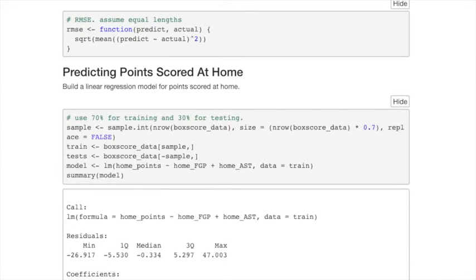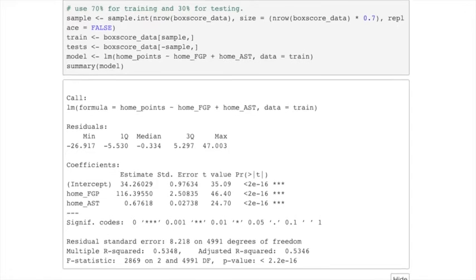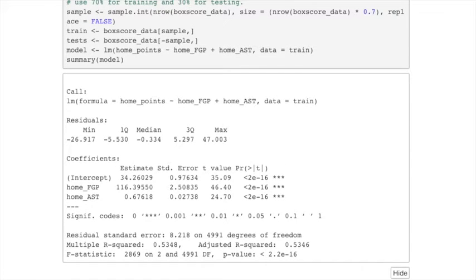So the first step I did was to create a function to help calculate the root mean squared error. And then I built two models. The first model would predict the points scored at home, and then the second model would predict the point differential for a given game. I split the data into a 70% subset for training and a 30% subset for testing.